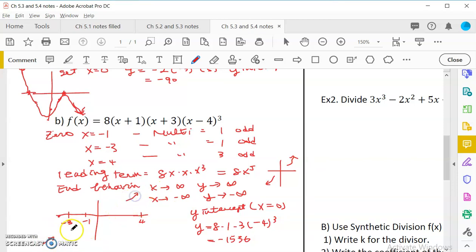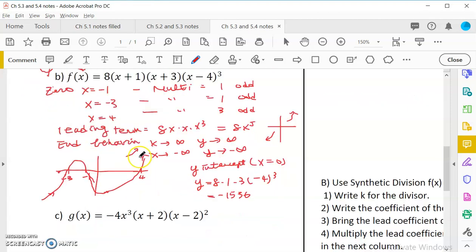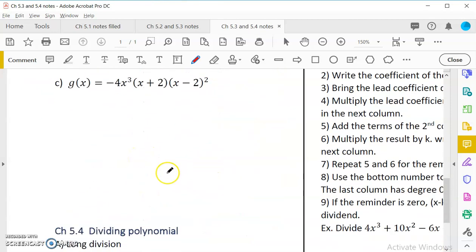When you go, first you go to negative 3, it has to cut through. And then we have to come down, all the way down. And then we have to go up, cut through. All of these have to cut through. That's how we graph it. Not exactly, but it's a sketch.